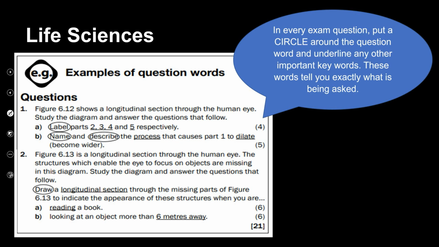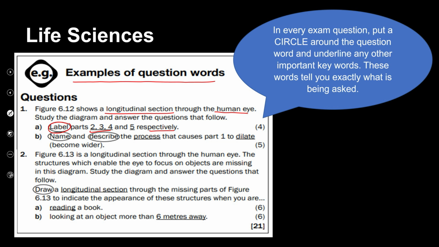So here's an example of how to answer a question. The question reads, Figure 6.12 shows a longitudinal section through the human eye. Study the diagram and answer the questions that follow. Label parts 2, 3 and 5 respectively. So that's a simple question that requires you to label the parts.